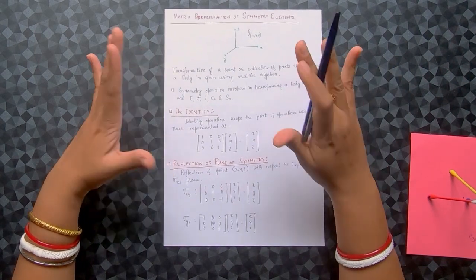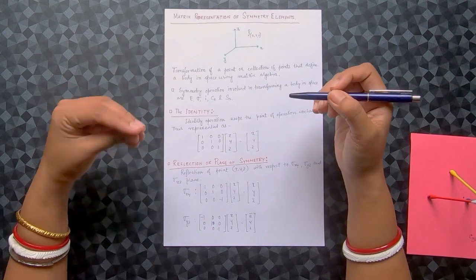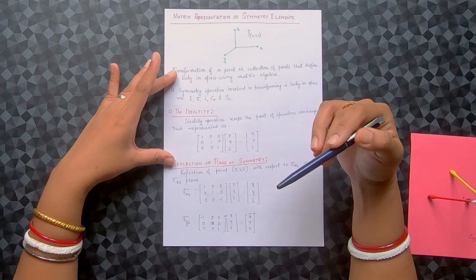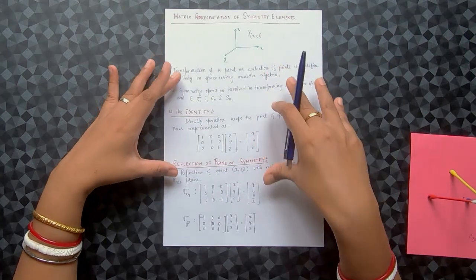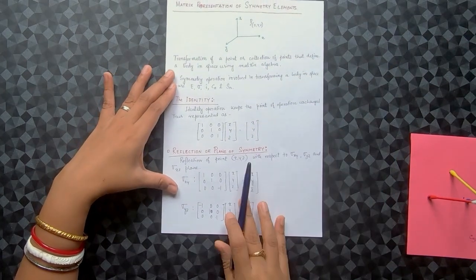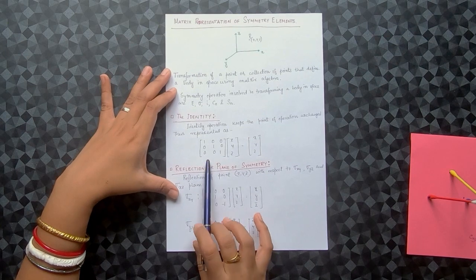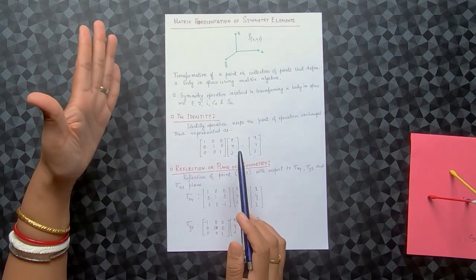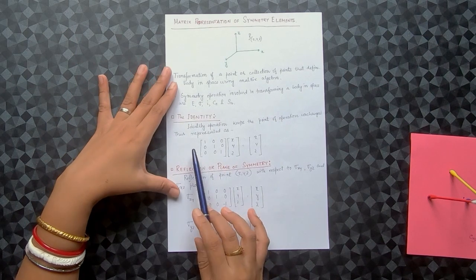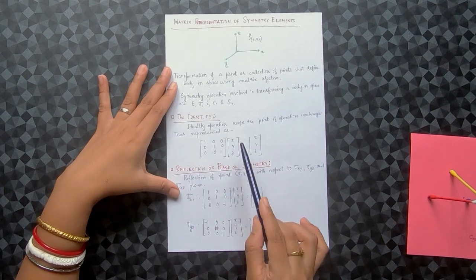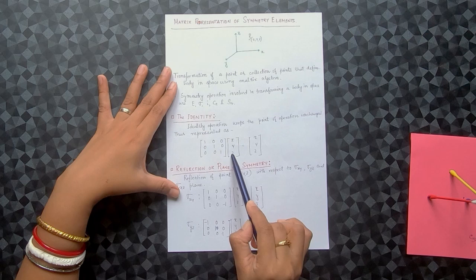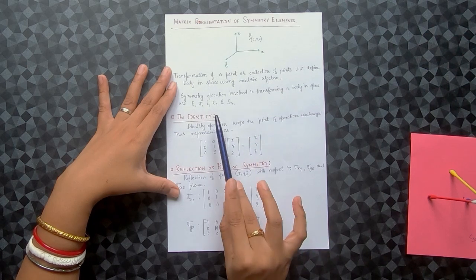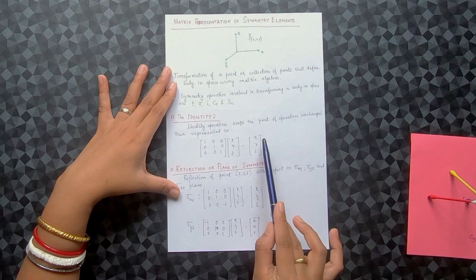Now we are going to transform our symmetry elements into the corresponding matrix representation. Upon the identity operation, we know that there is actually no change in position, right? If there is no change in position, that means x, y, z will remain the same.